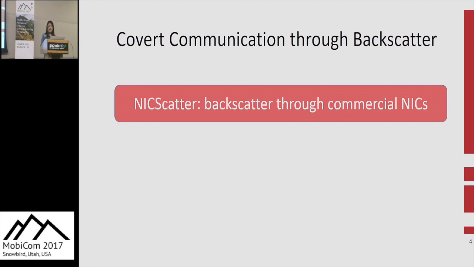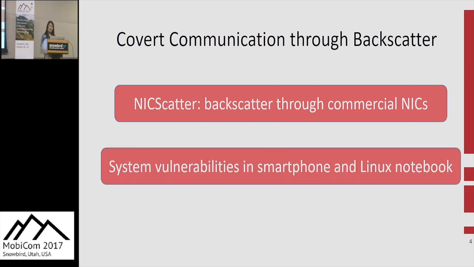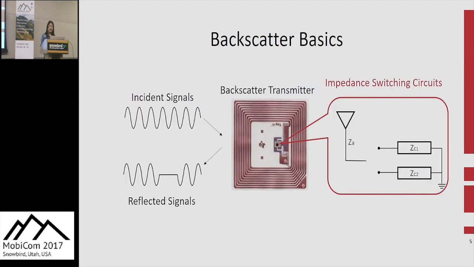We enable backscatter communication using commercial Wi-Fi NICs, so we call it Wi-Fi NICScatter. Then we will discuss the system vulnerabilities in current Linux and Android systems, which enable us to stealthily enable NICScatter as a cover channel.